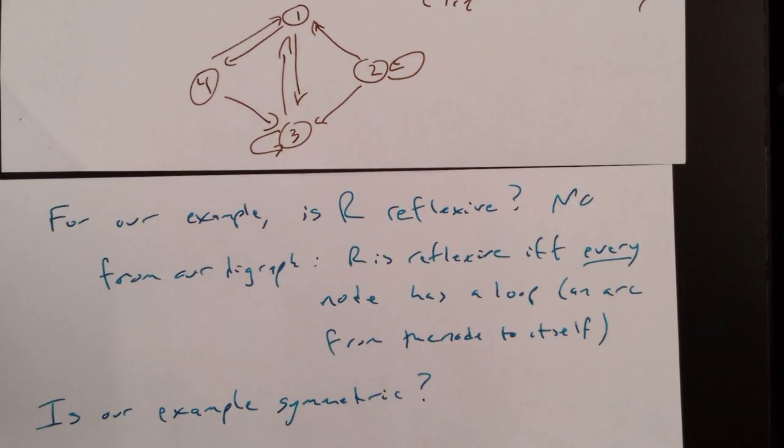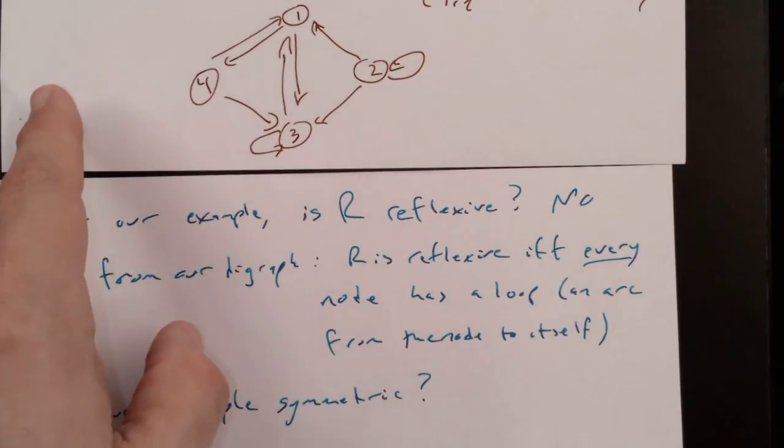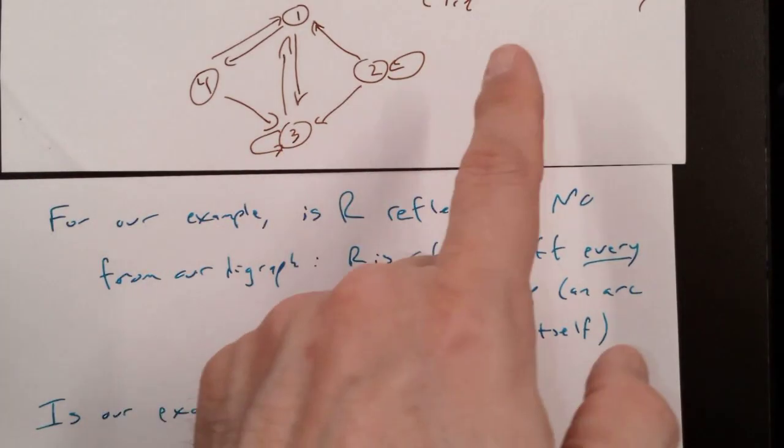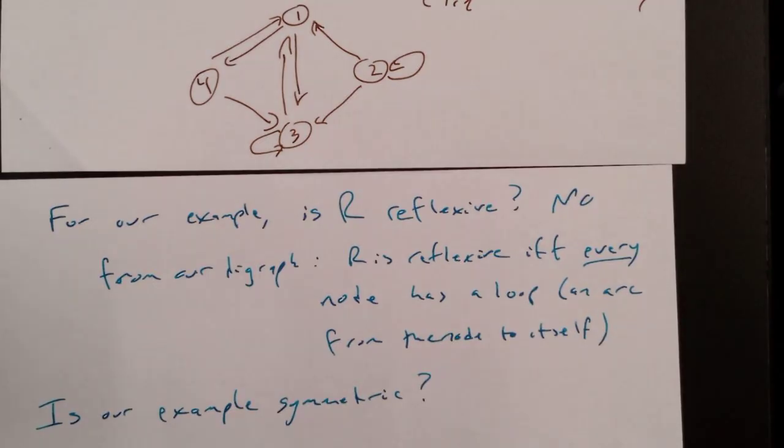The order can be flipped. Whenever I have an arc that goes from A to B, I should have an arc that goes from B back to A. Right? So now I look at our picture and I say, are there any places where you see an arc from one node to another and not an arc back? 2 to 1 exists, but 1 to 2 doesn't. Same thing with 3 and 4. There's an arc from 4 to 3, but there isn't one back. And there's an arc from 2 to 3, but not one back. So there's my symmetry idea.